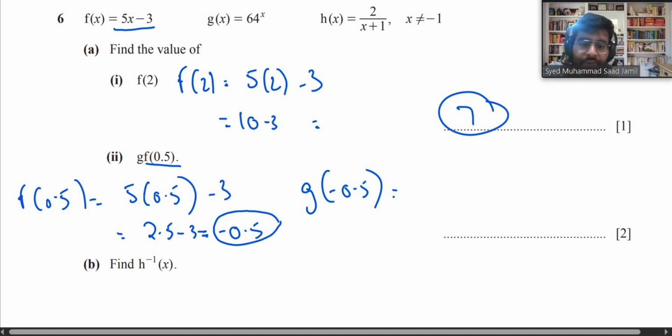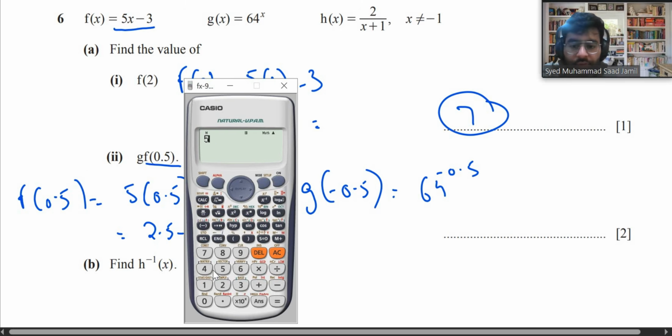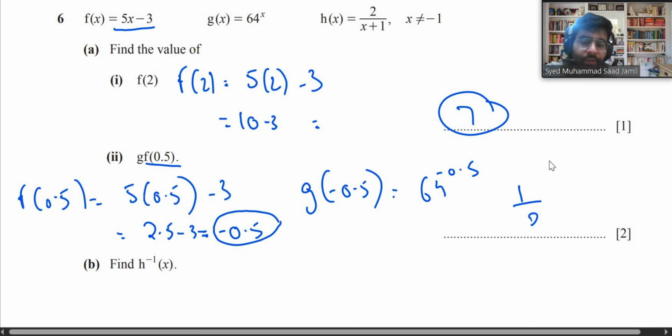So g of negative 0.5 means 64 raised to power negative 0.5. It's 1 upon 8. So just write 1 upon 8.